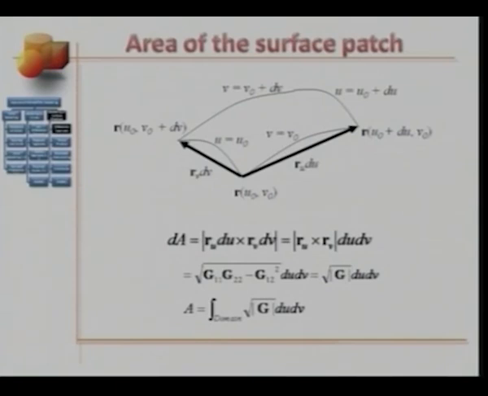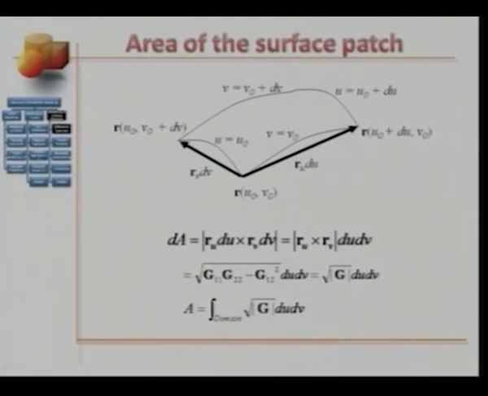So if I want to compute the area of the entire surface patch, I'll have to integrate over the entire domain, that is, over the permissible values of u and v. So A will be integration over the domain of dA, which is within the square root sign, determinant of G, times outside the square root sign du dv.